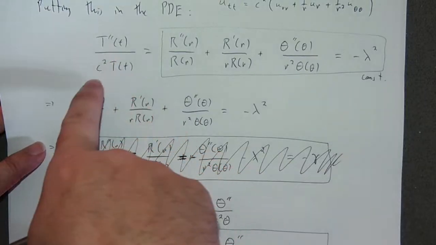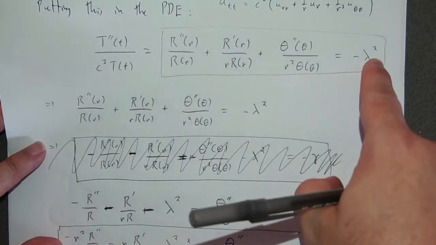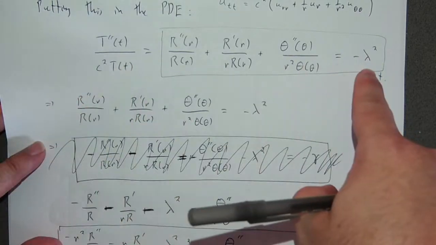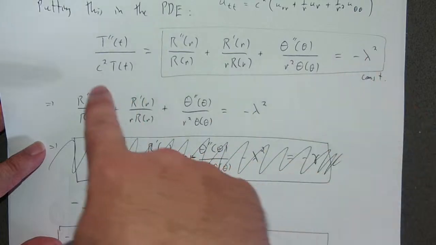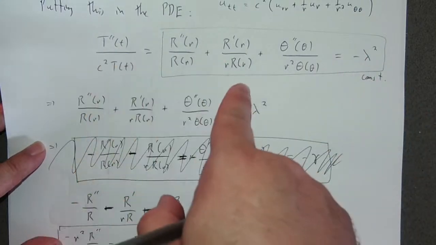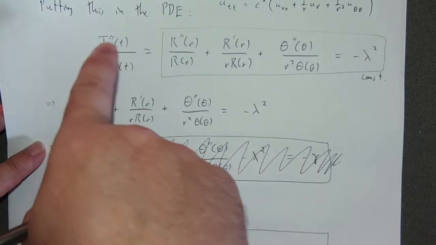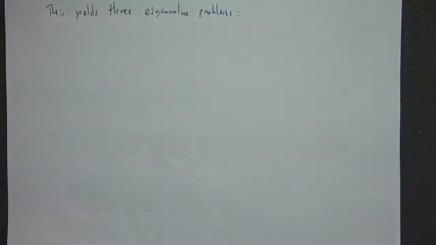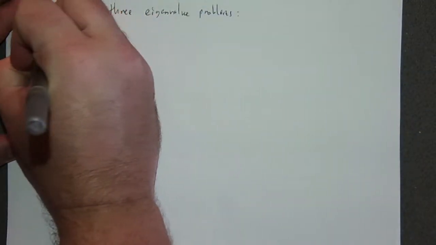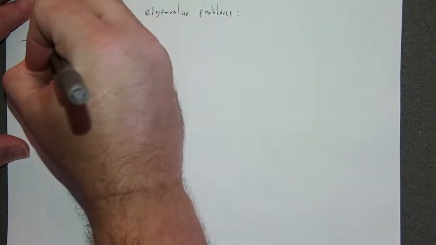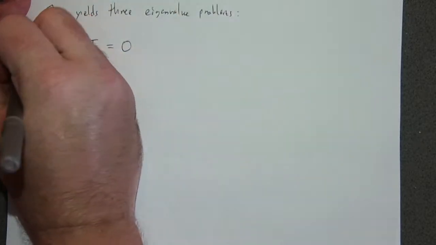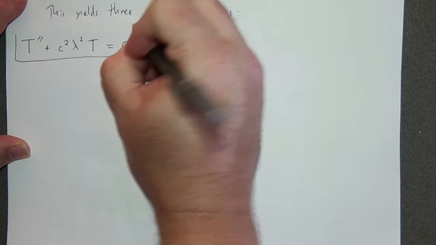So if t double prime over c squared t is equal to minus lambda squared, then I multiply through by c squared t and get t double prime is equal to minus lambda squared c squared t. And then I add that over to get t double prime plus c squared lambda squared t is equal to 0. So the first one is t double prime plus c squared lambda squared t is equal to 0. That's the first eigenvalue problem I get.